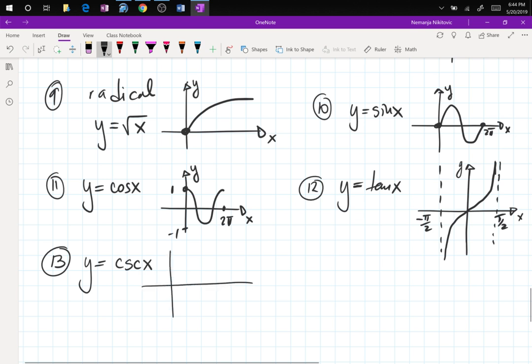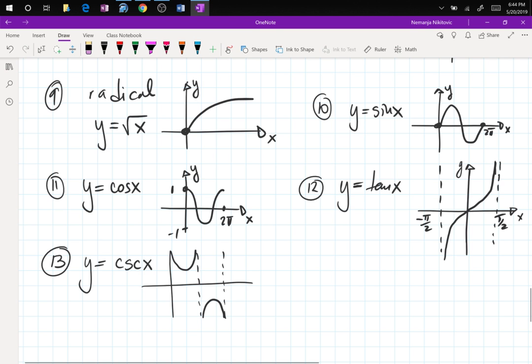So what you do is you draw a sine function. Anywhere where sine hits 0, you draw the asymptote, and then you invert these cups upside down, and then you get rid of the sine function. That's all it is. So now I want you to practice secant. Cosecant is a flip of sine.